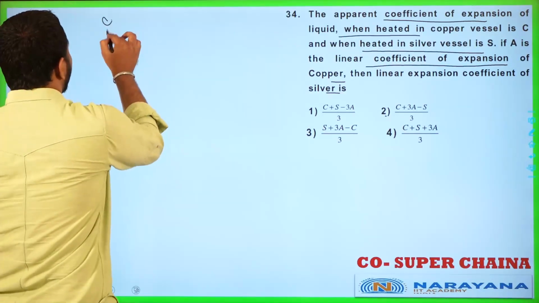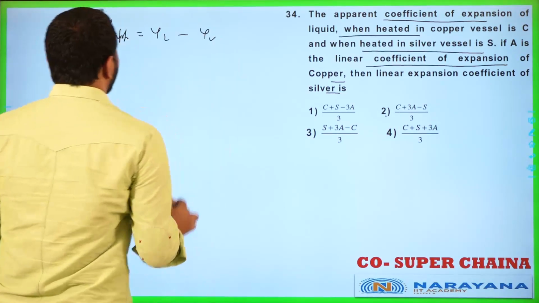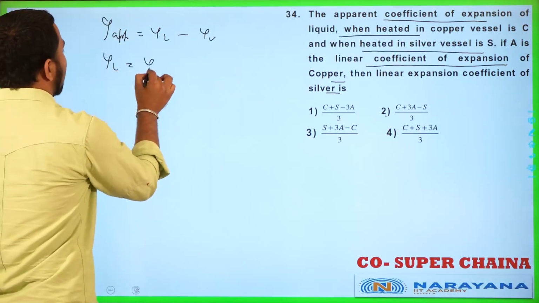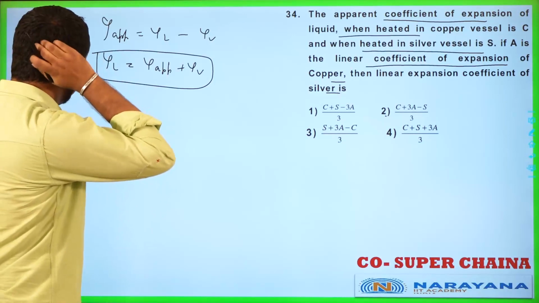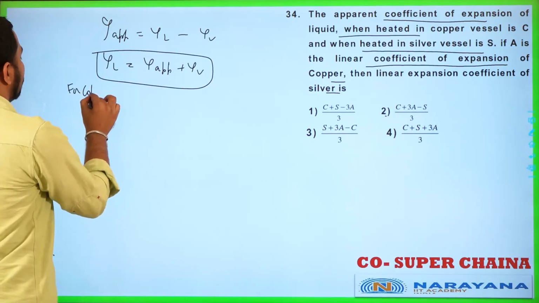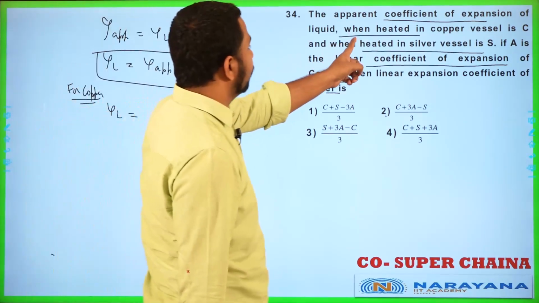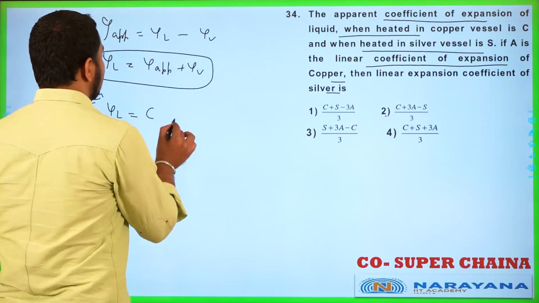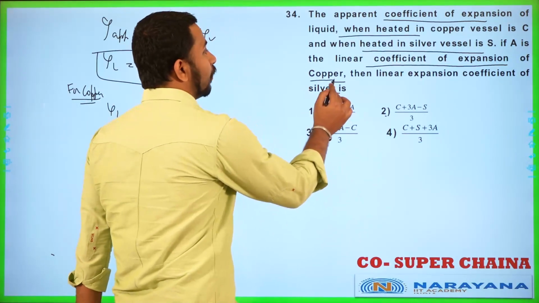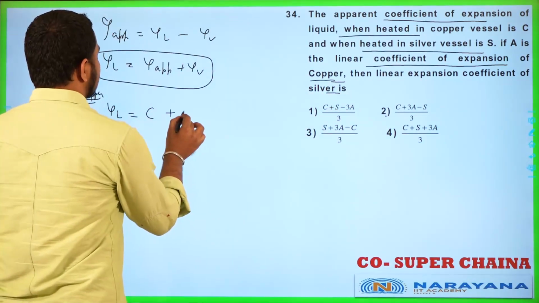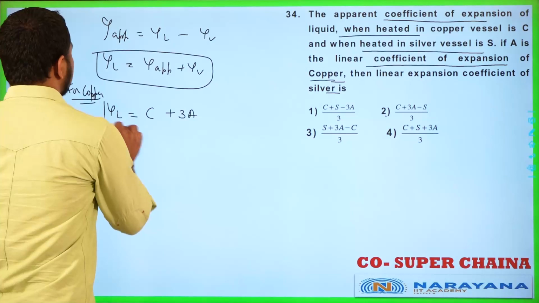We know gamma apparent is equal to gamma of liquid minus gamma of vessel. So gamma liquid will be gamma apparent plus gamma of vessel. Using this first for copper, gamma apparent of copper is C, and the linear coefficient of copper is A, so gamma liquid is C plus 3A.